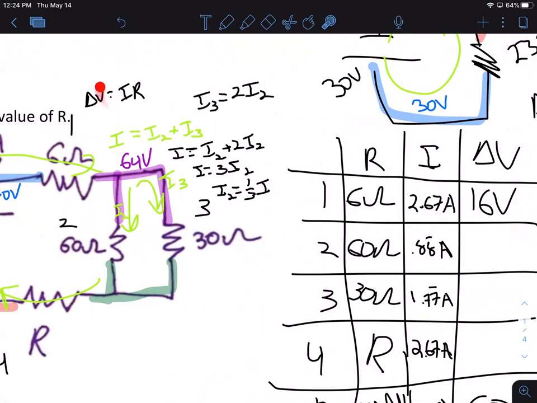And therefore we knew the ratio of the currents. Because we knew the ratio, this one was half of this. Now that we know that, we can find what that delta V is. We should get the same answer whether we do 60 times 0.8888 or 30 times 1.777, because we got those by saying they have the same delta V.